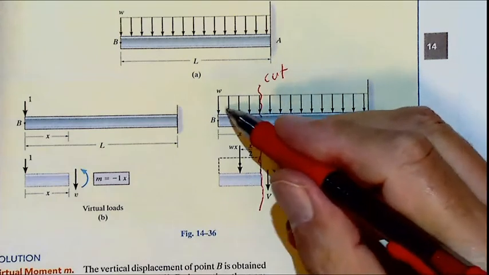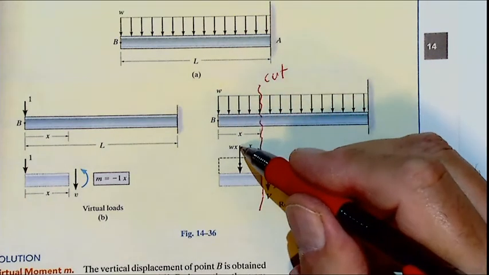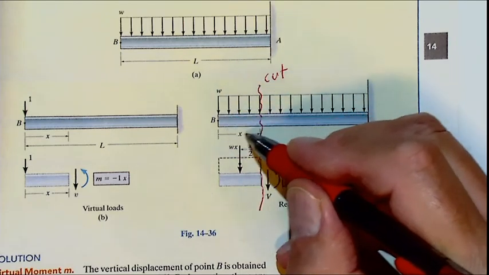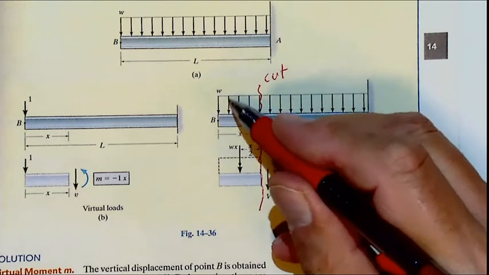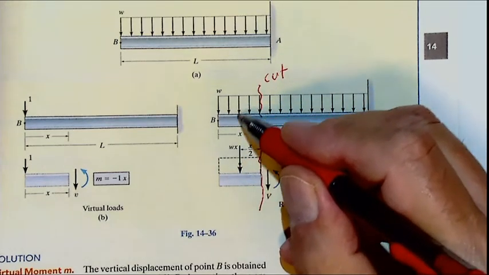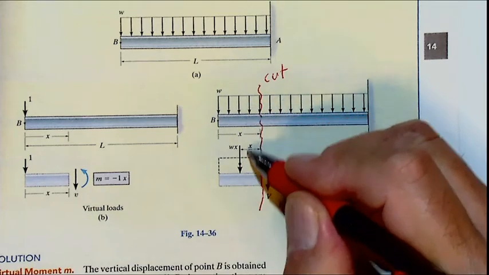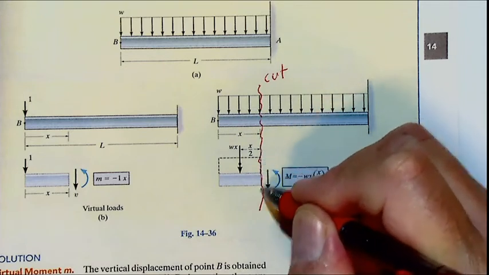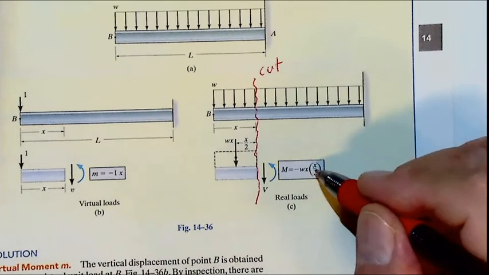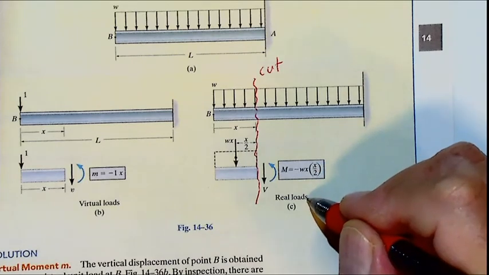Pay attention, this value equals, okay, that is x. So the value equals W times x. This load is in the middle. So the distance between the resultant of the forces and this cut equals x over 2. So bending moment equals minus W x squared over 2. That is for real loads.